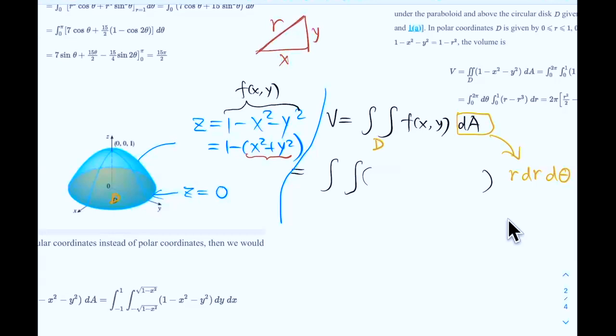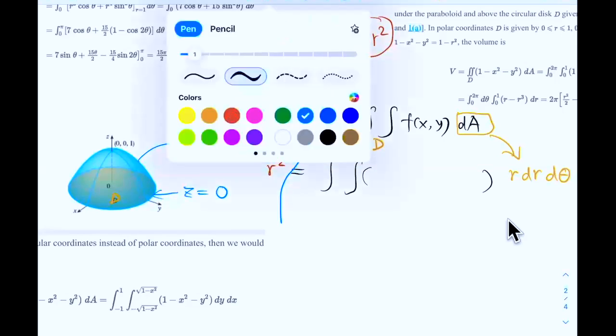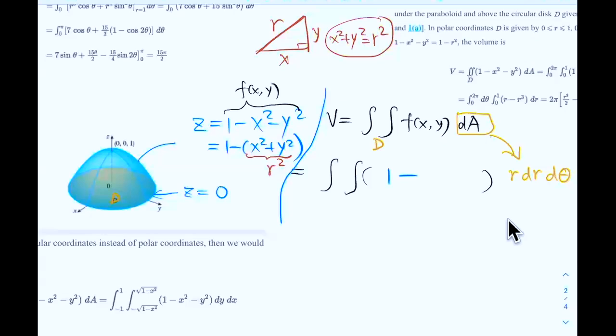So x squared plus y squared is equal to r squared. So it might be more direct to replace x squared plus y squared with r squared. You don't have to go r times cosine theta, r times sine theta. So we're going to put this as 1 minus r squared. Now we're almost there.